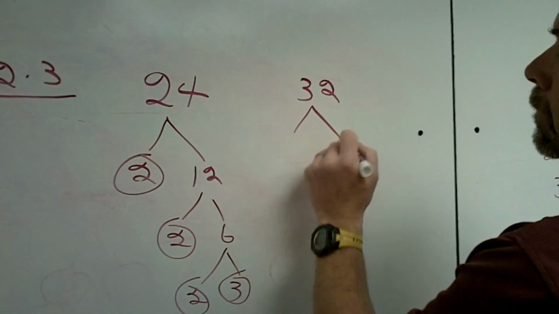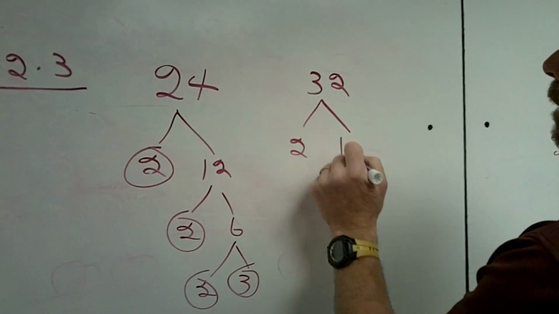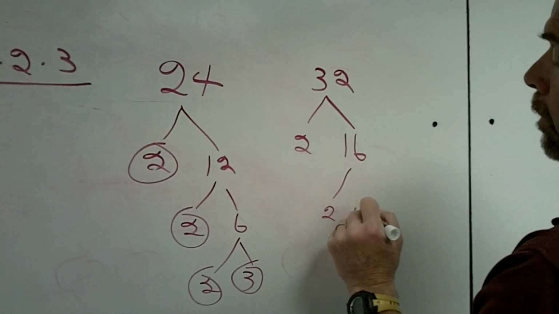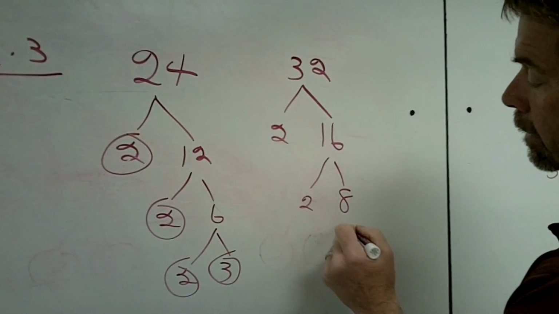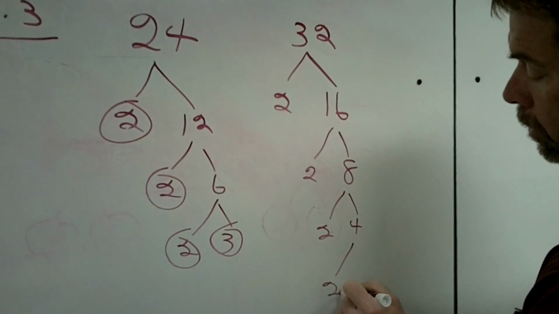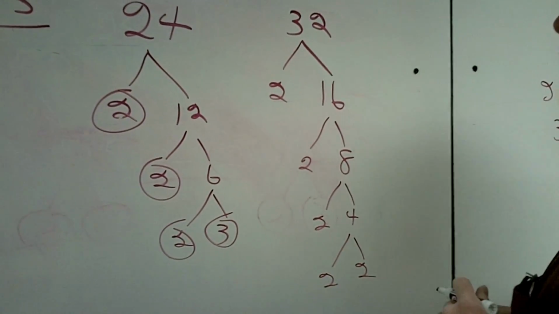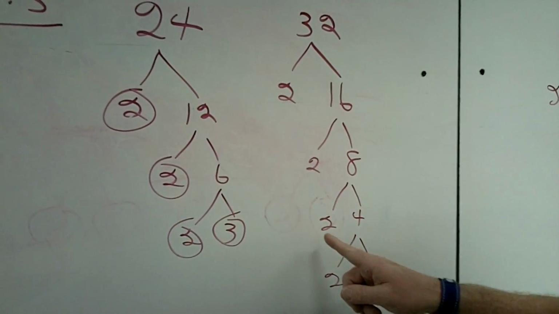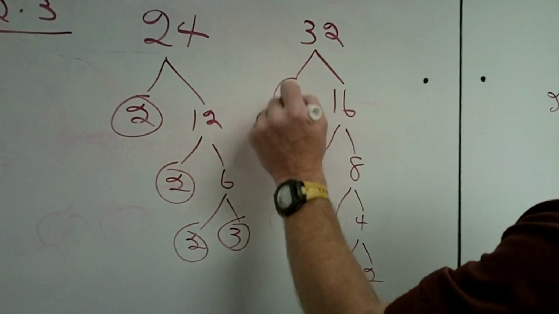Okay. 2 times 16 is 32. 2 times 8 is 16. 2 times 4 is 8. And 2 times 2 is 4. So we have 2 times 2 times 2 times 2 times 2, 5 times.